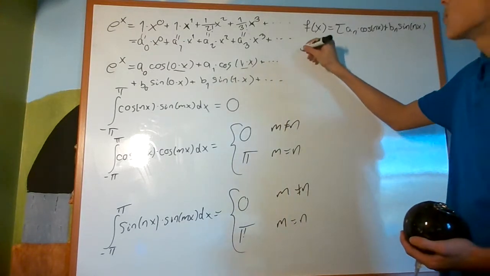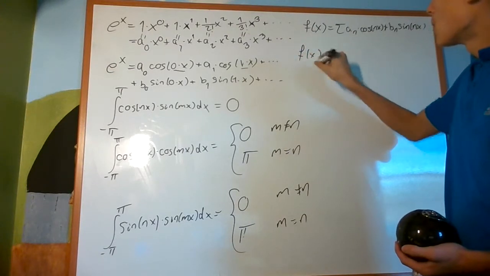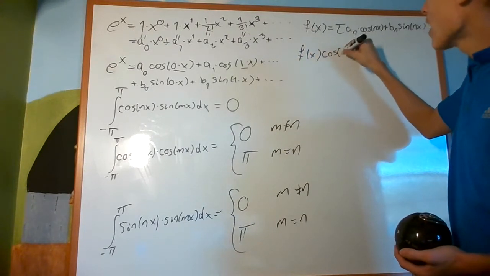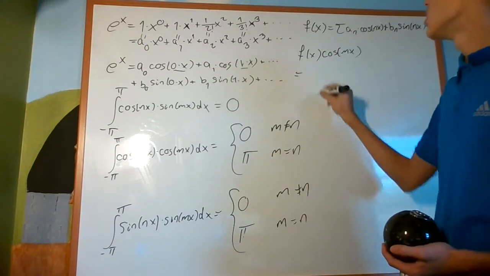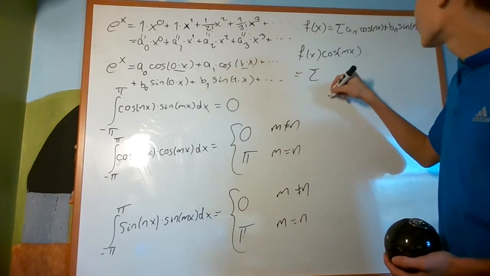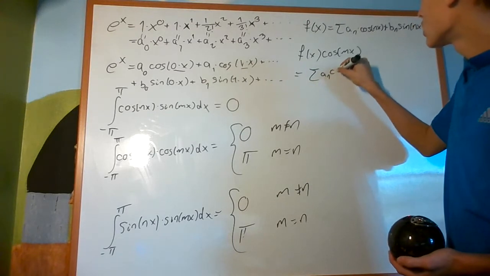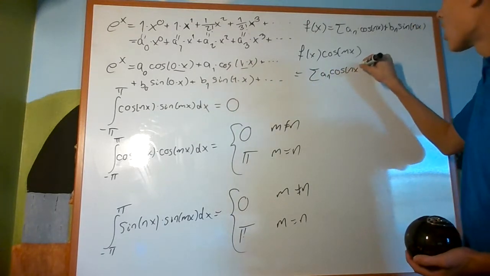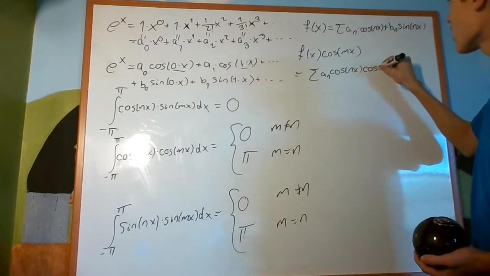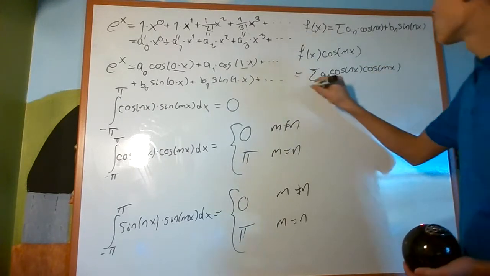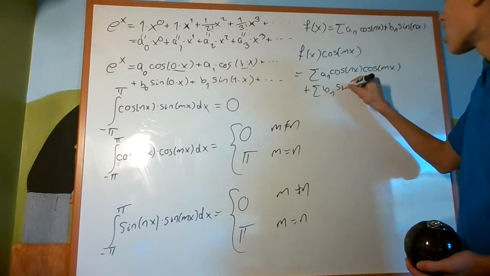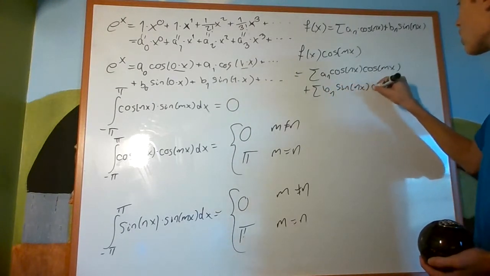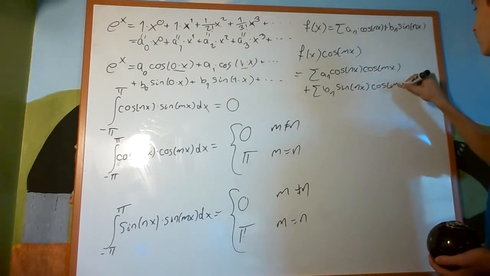Then, what if I multiply both sides by cosine mx? So I get the sum of an cosine nx cosine mx, plus the sum of bn sine nx cosine mx.